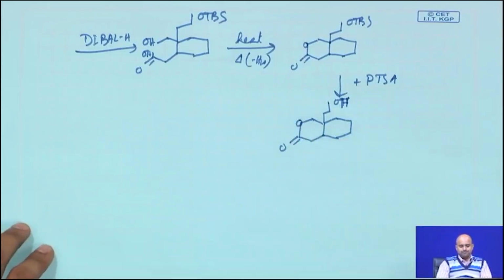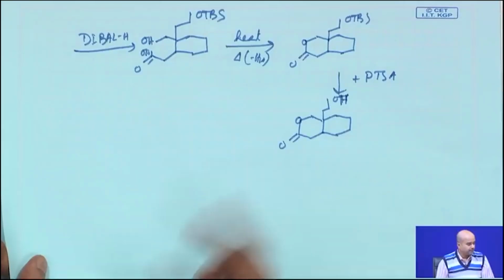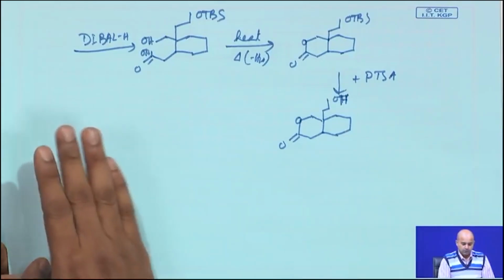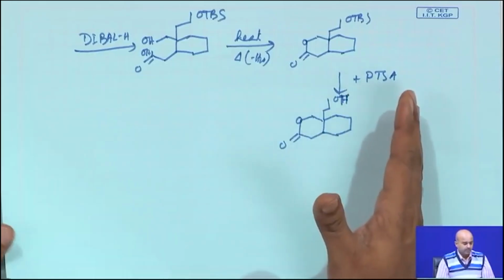So, the main take home message is you use a couple of functional group interconversions, and then you couple a strategic use of a protecting group and simple functional group interconversion to correlate the target molecule with the starting material, and then you can finally conclude your synthesis.